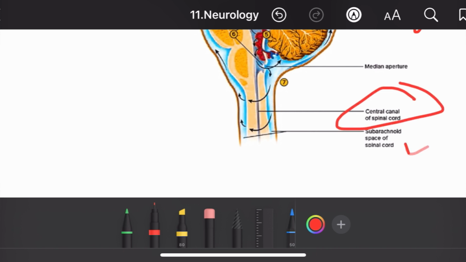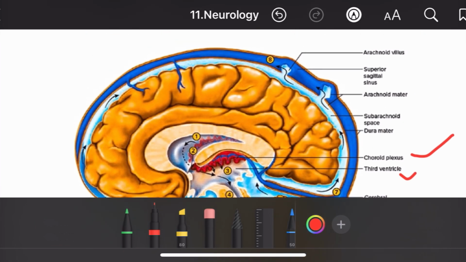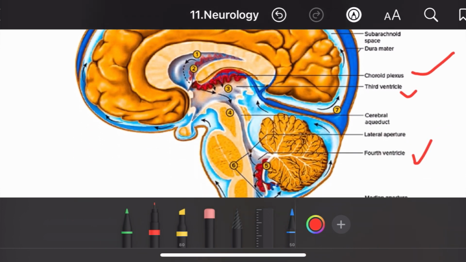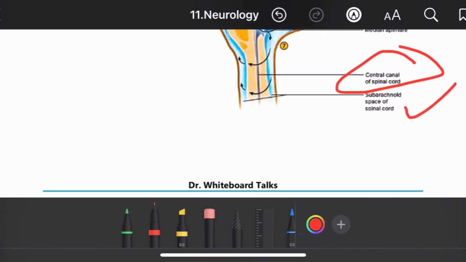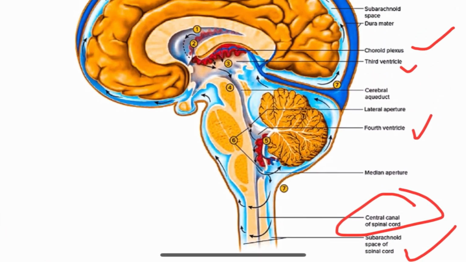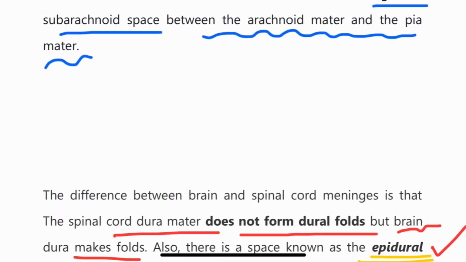We have the subarachnoid space of the spinal cord, which is washed with cerebrospinal fluid. After that, it is absorbed by the emissary veins as well as through the sinuses, joining into the sinuses like the superior sagittal sinus, and also from the veins surrounding the spinal cord. We'll come to the details of this diagram once again.